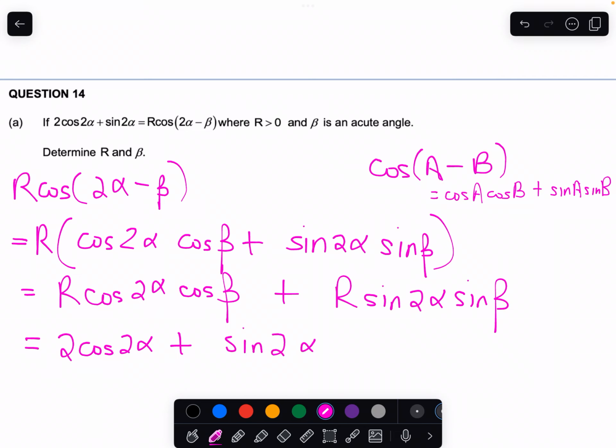I'm just going to accept that my 2's and my alphas are going to be ambiguous.